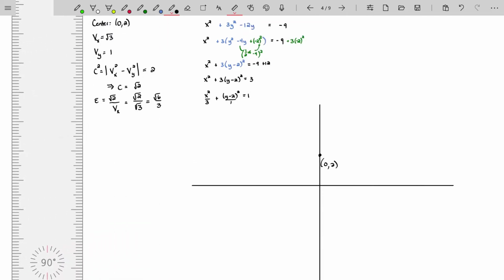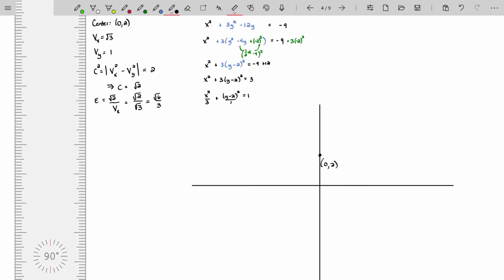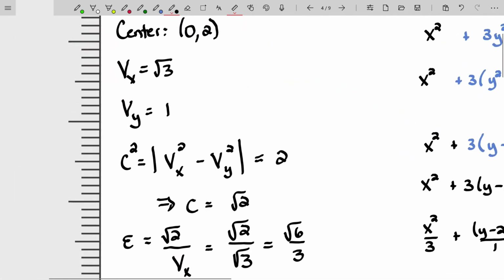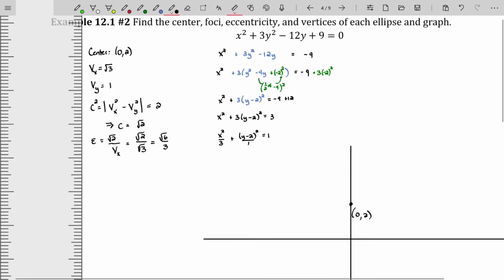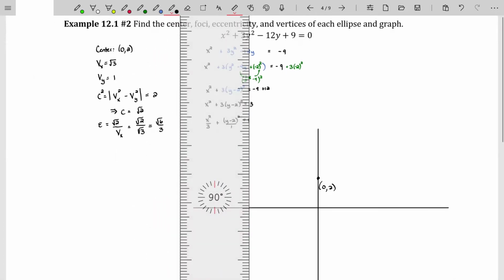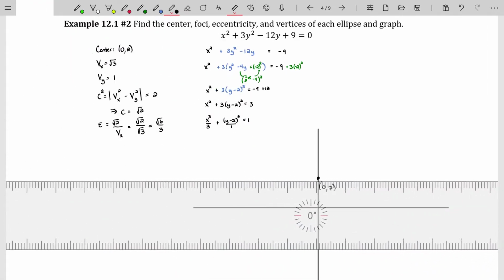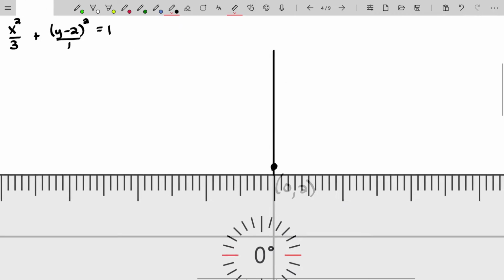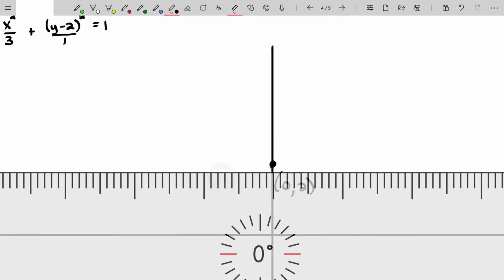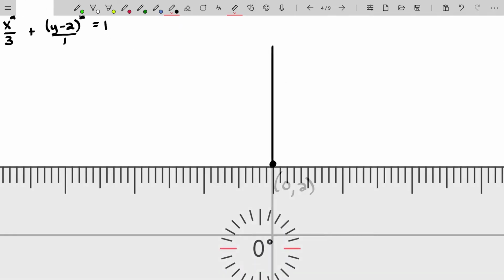And then the distance in the horizontal direction to the x vertex is root 3. So we're going to go root 3 units to the right and to the left. Square root of 3 is a little bit greater than 1. So I'm just going to go ahead and do this. If that was 2, then it's probably something like this.